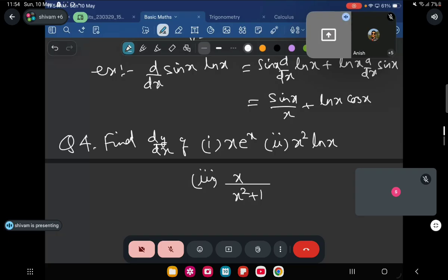Number 2, there is only one term. What is the final answer? It is x squared into 1 by x, or x. That is the final answer. No, I don't think so. This is the correct answer. You must check that again.